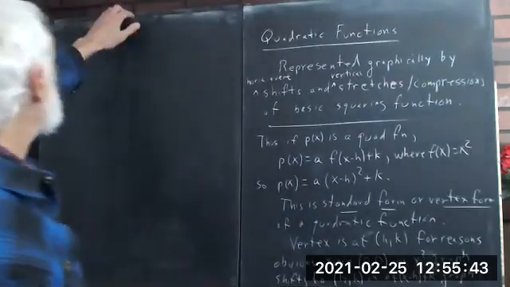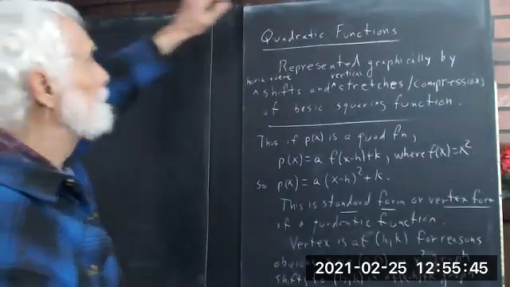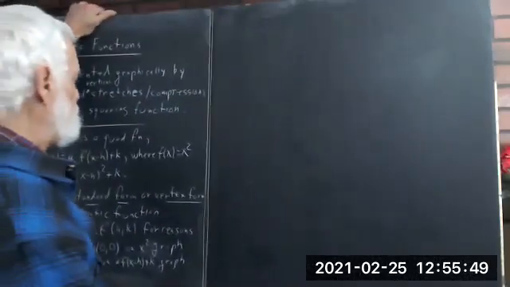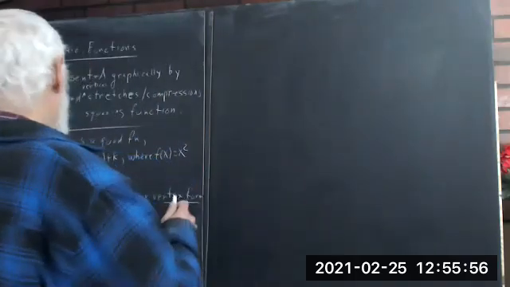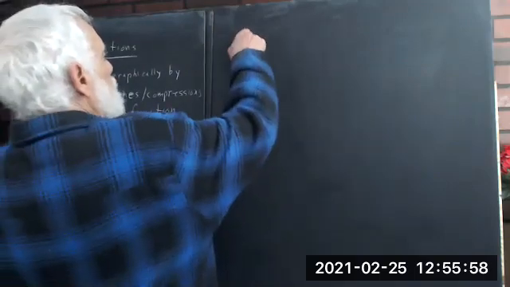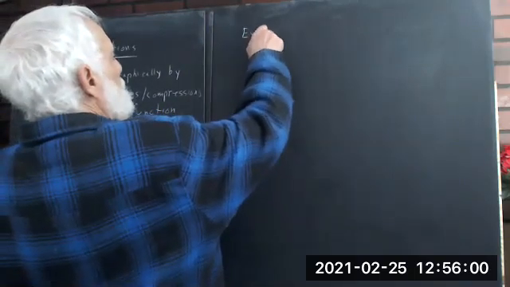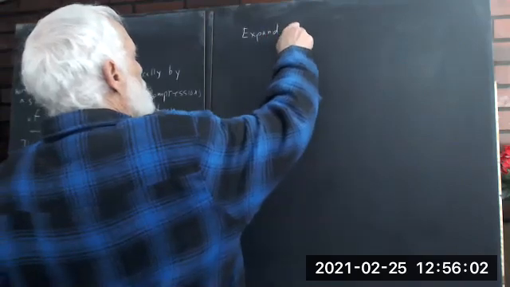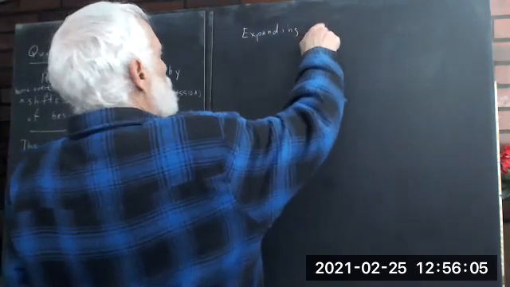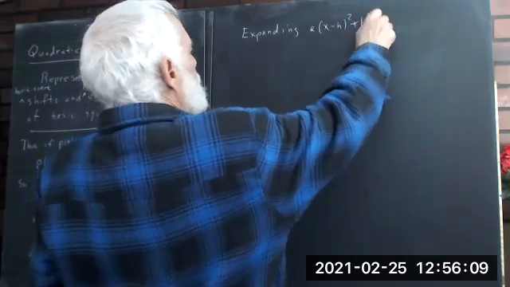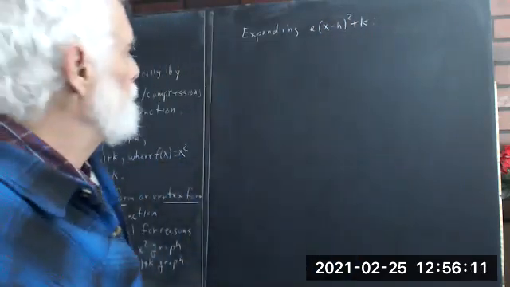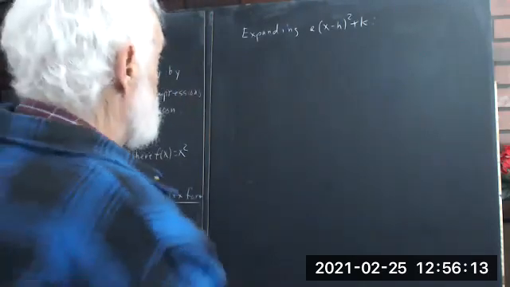Now, we expand A times a quantity x minus h squared plus k.